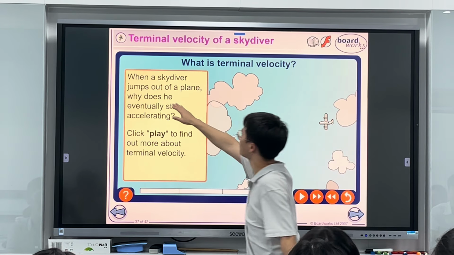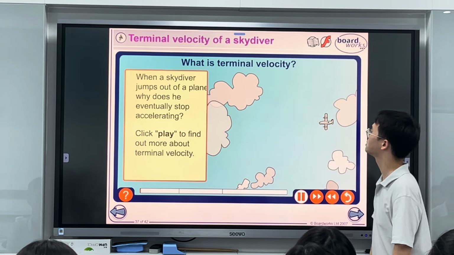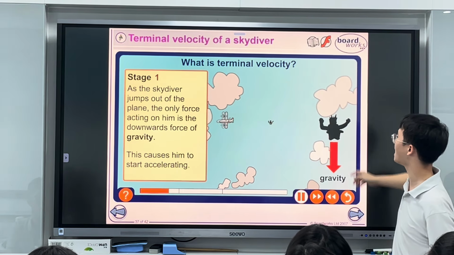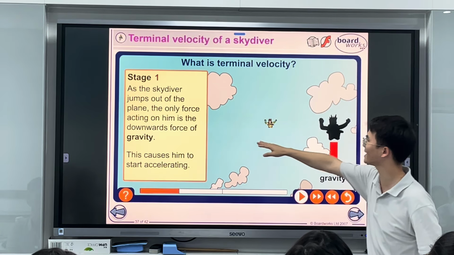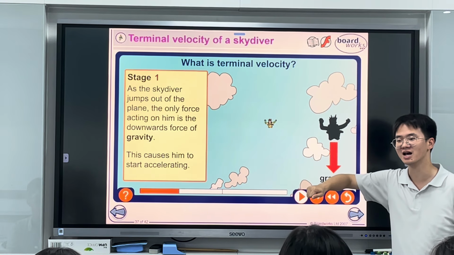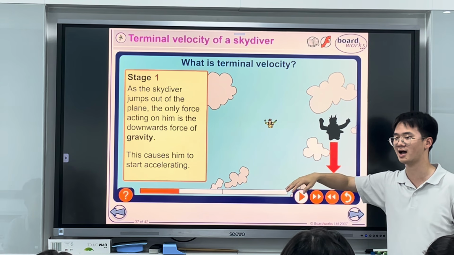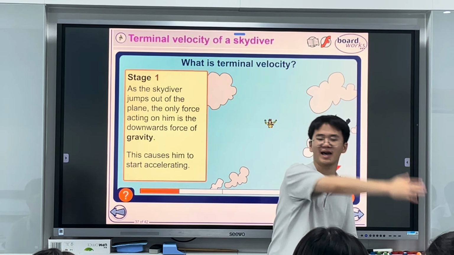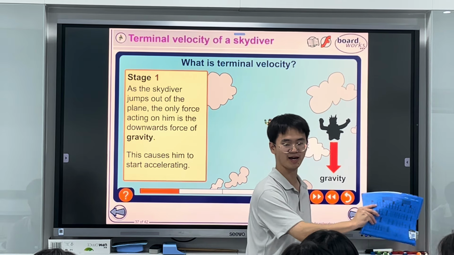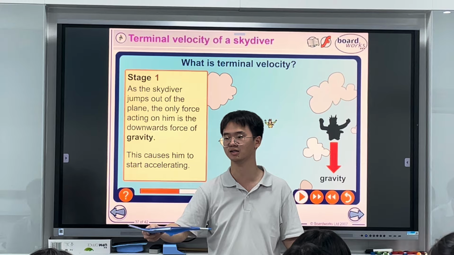When a skydiver jumps out of the plane, why does he eventually stop accelerating? In stage 1, the skydiver has just jumped out of the plane. The only force acting on him downward is gravity, because he is not falling yet. There is no relative motion between him and the air, so there's no air resistance. Air resistance is basically moving air. You're moving through air, you feel the wind, that's air resistance. If you're not moving at all, there's no air resistance.